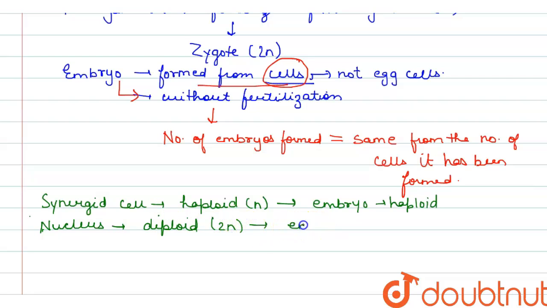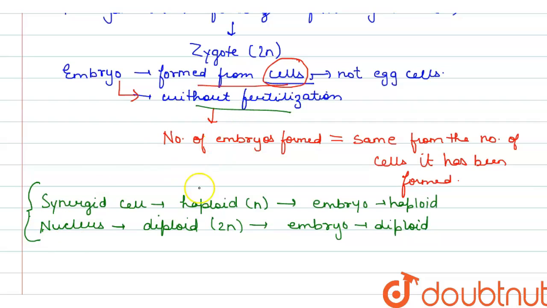So the embryo formed over here will also be diploid in number, okay. So now nucleus and synergid cells both are not egg cells, but the embryo is being formed from these cells, right? And that is formed without any fertilization.